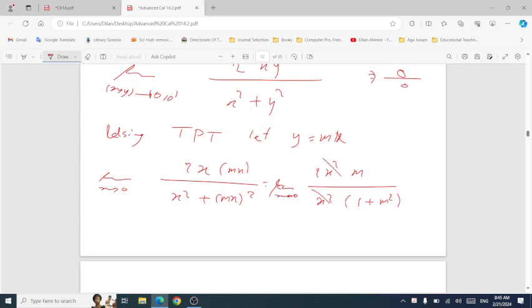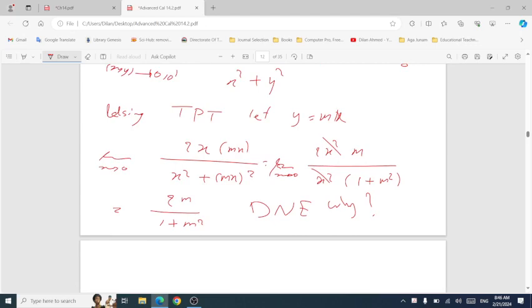Then the limit does not exist. Why? You know. M maybe 2, 1, 0, whatever you like. Clear? If M changes, the result changes. M minus 1 will be another result, because the results are different, not unique.